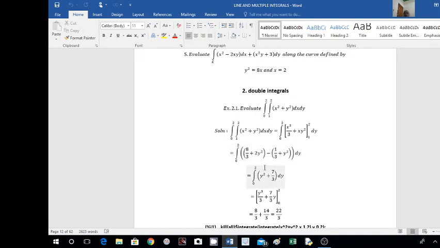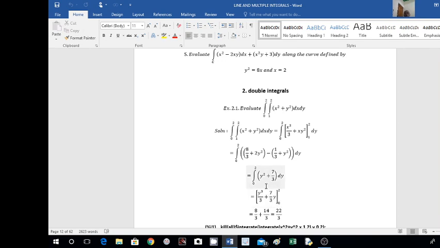So we have evaluated one integral here. Next, one more integration is there. We have to integrate now with respect to y. Y square integration with respect to y is y cube by 3, plus 7 by 3 integration with respect to y is 7 by 3 into y. This is between 0 and 2, right?